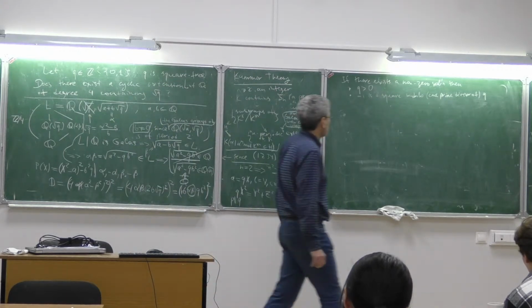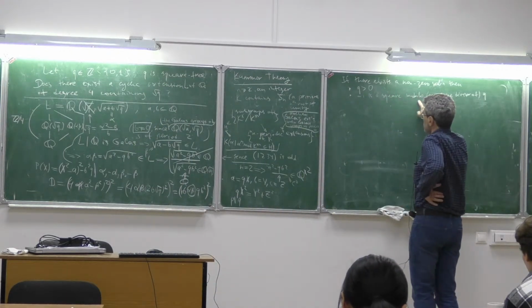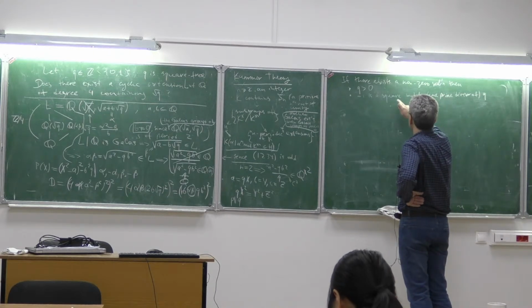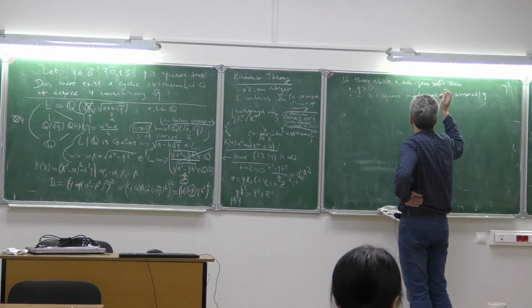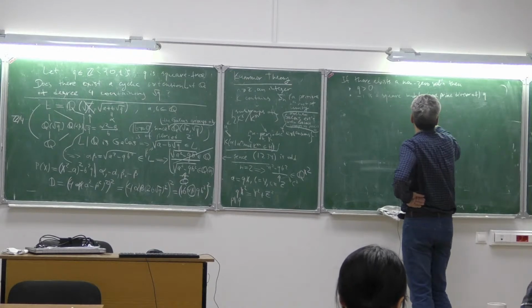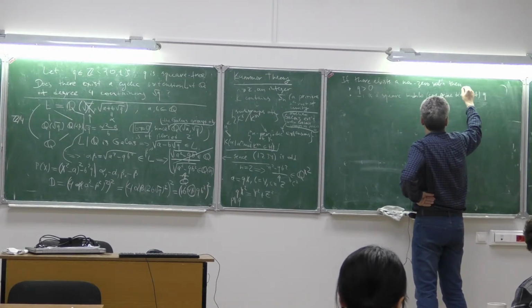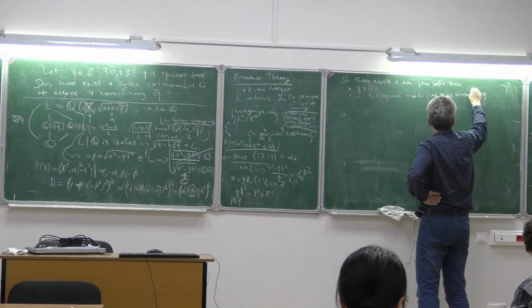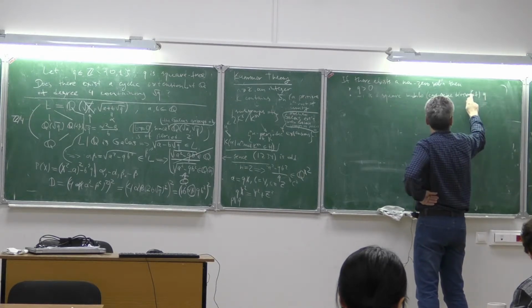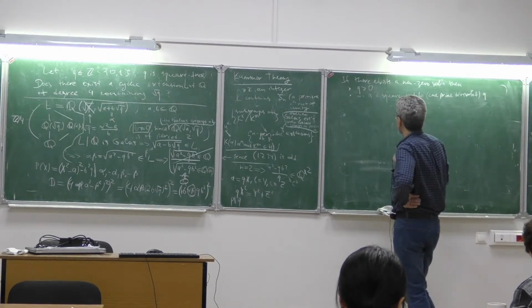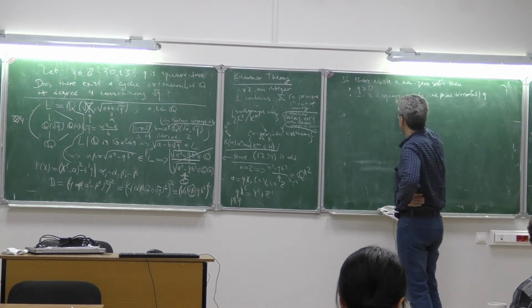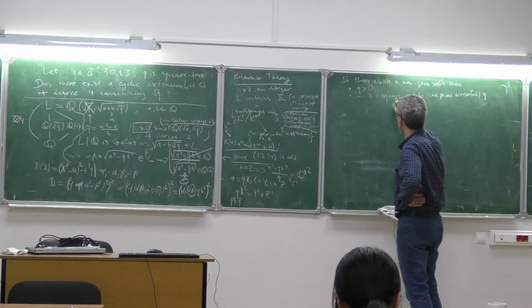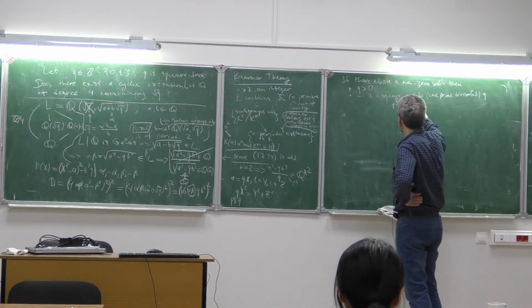Yeah, okay, and so what does this condition mean? It means minus 1 is a square modulo the prime divisor p. And therefore this is equivalent to the condition that p is congruent to 1 modulo 4.